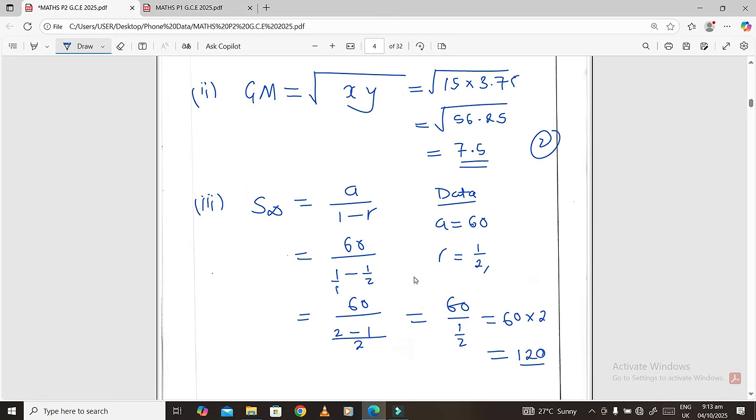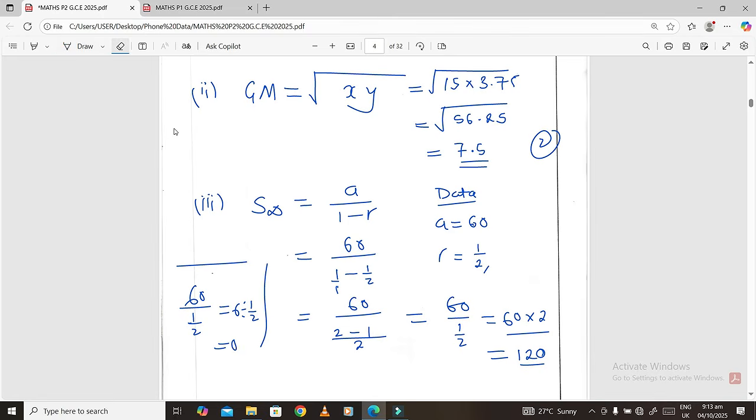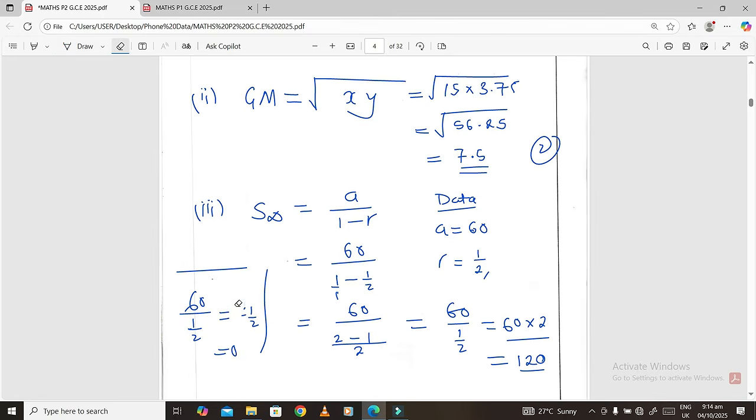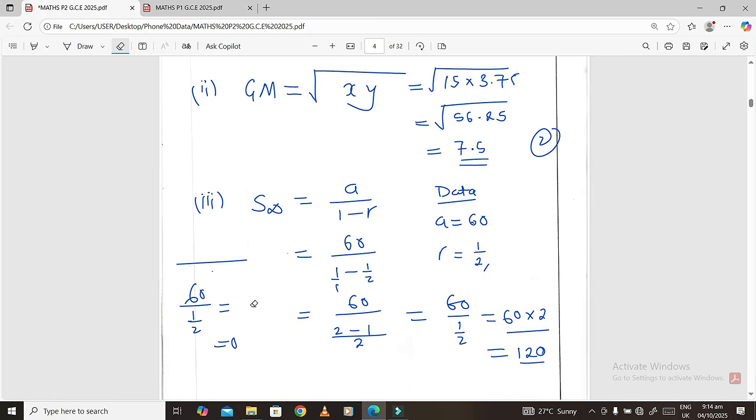Okay? So maybe somebody may be wondering how did this turn into 60 times 2? So let me show you. Here you've got 60 divided by 1/2. So the rule of division, oh, this is 60, not 6. It's 60 here.